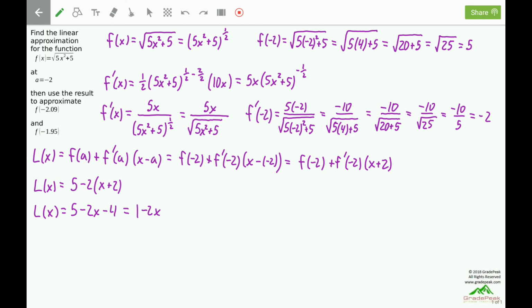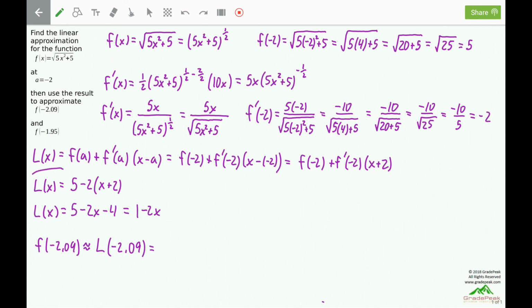The next thing to do is approximate f of negative 2.09, and that's approximately equal to the linearization evaluated at negative 2.09.